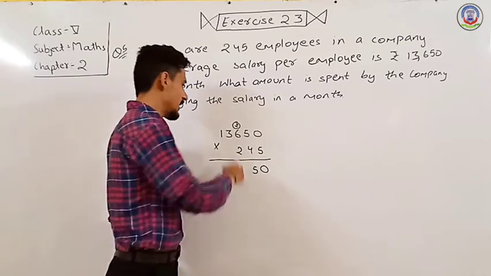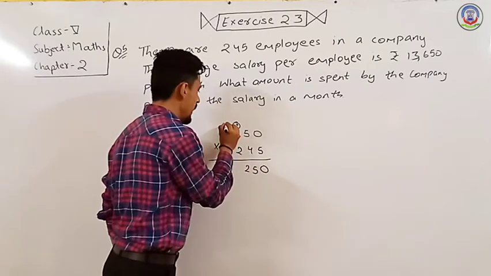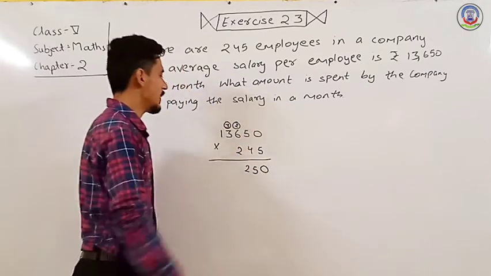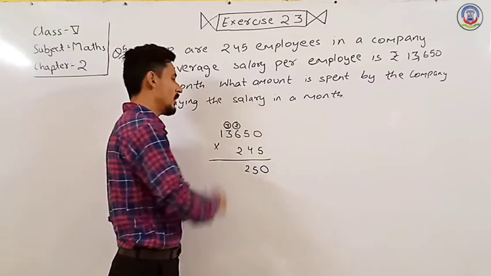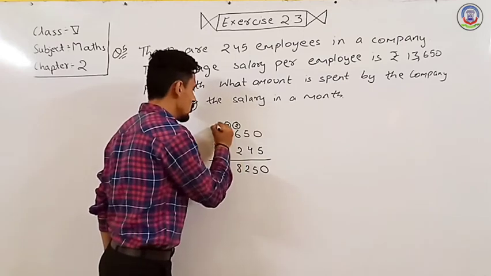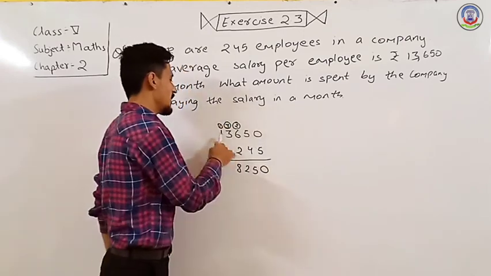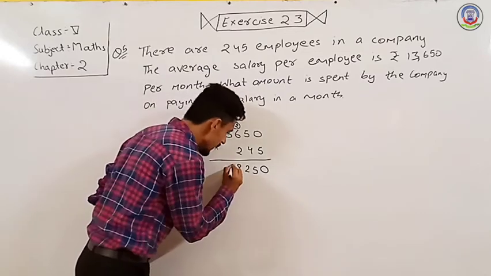So it is 30, and when we add 2 to it, it is 32. 2 here and 3 here. Next we have 5 multiply 3. It is 15. When we add 3 to it, it is 18. So we write 8 here and 1 goes to carry. Next we have 5 multiply 1. It is 5, and when we add 1 to it, it is 6.